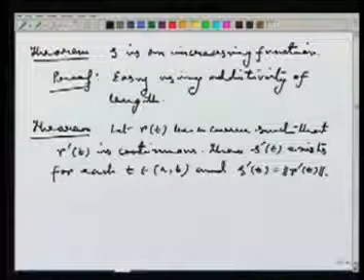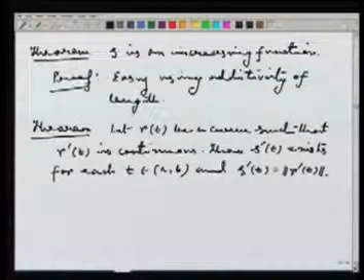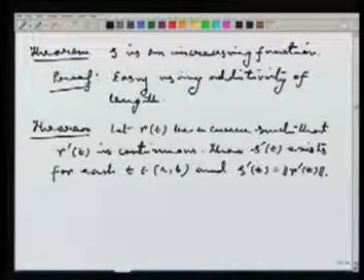Not only differentiable, I can explicitly calculate the derivative in terms of r prime. Remember, r prime(t) means (x prime(t), y prime(t)), the derivatives of the component functions. That new vector valued function is called r prime(t).